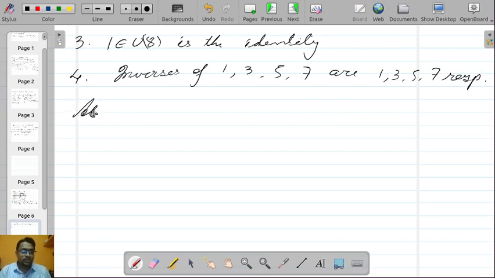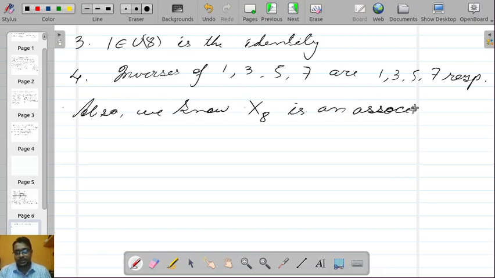Also, the associative property, we know multiplication modulo 8 is an associative operation.